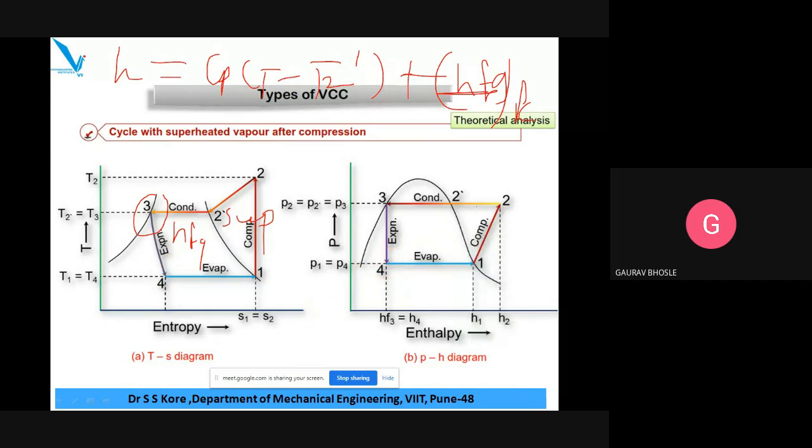Okay, so I'm going to repeat it once again, because once this cycle is clear to you, the further cycles become very easy. Any doubt before that?